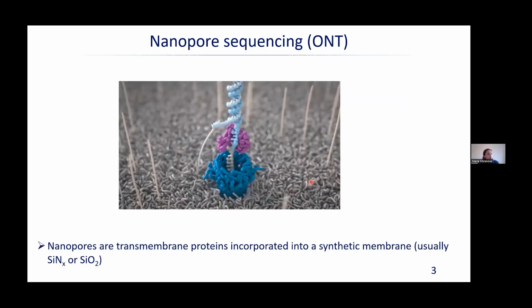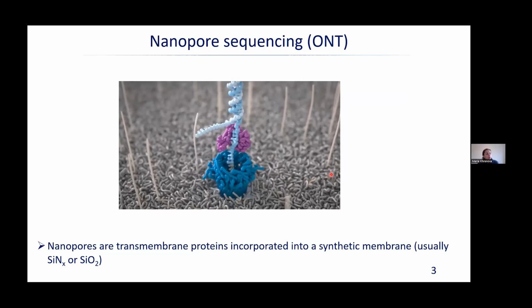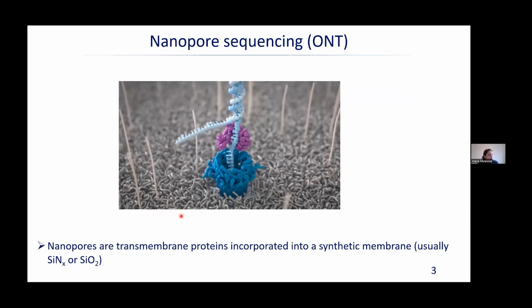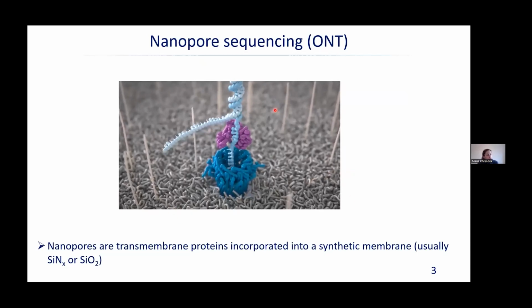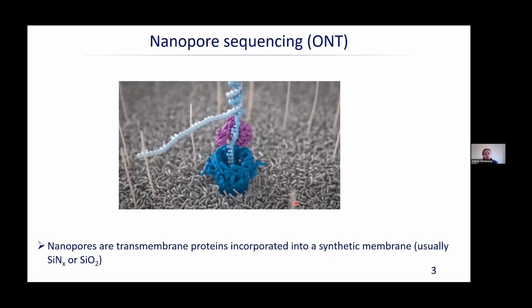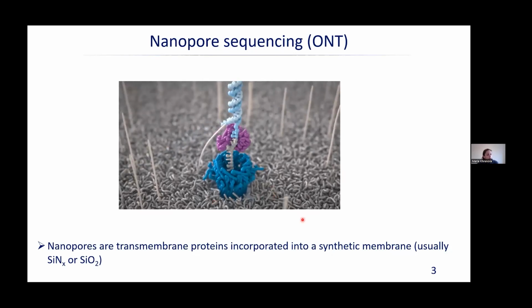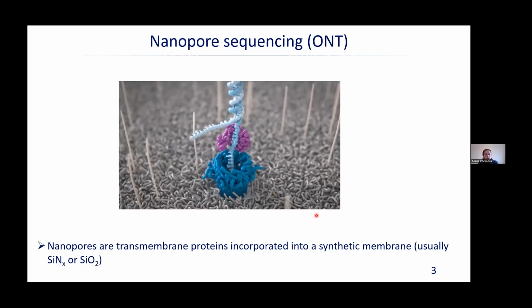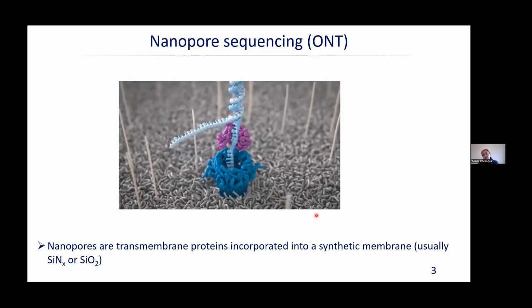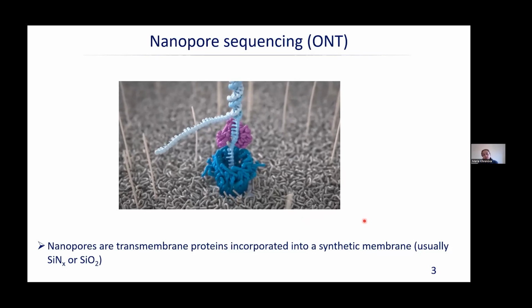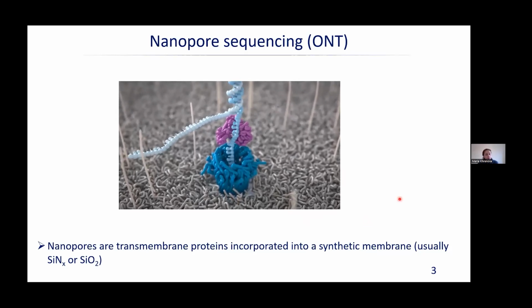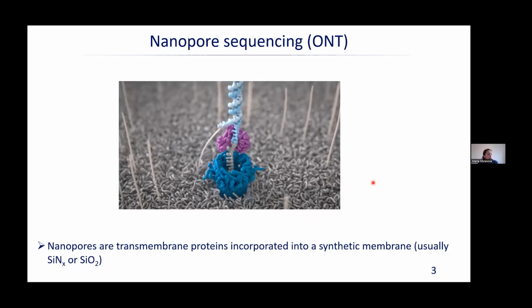Nanopore sequencing works as follows. This gray part is a synthetic membrane. Usually it is made of silicon oxide, but it can also be made of graphene or some other material.